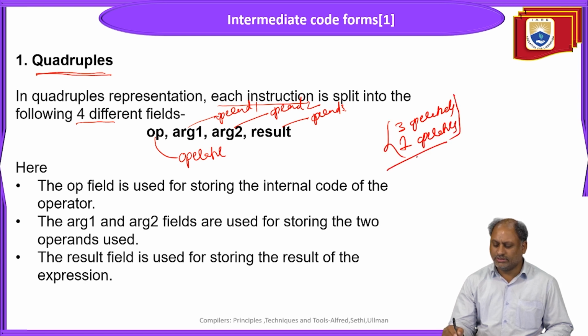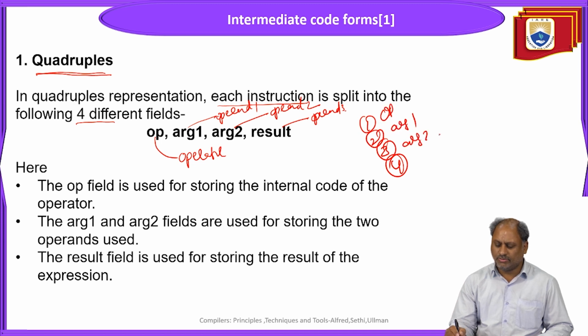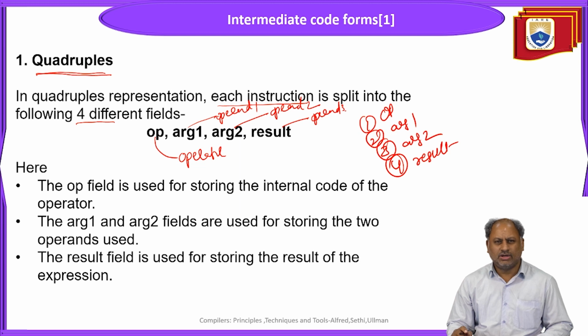So as per this, the syntax we have given. That means first, second, third, fourth: operator, argument 1, argument 2, and result. These four fields are necessary and required to represent the quadruple representation of the information.